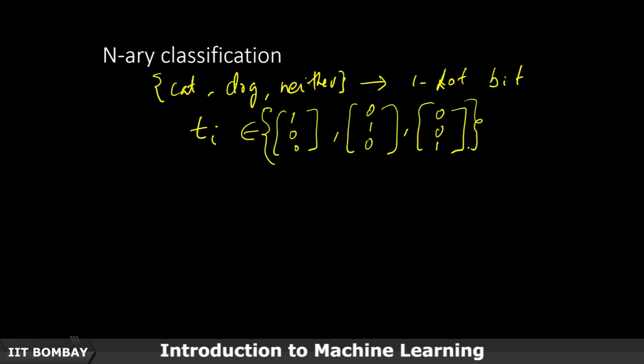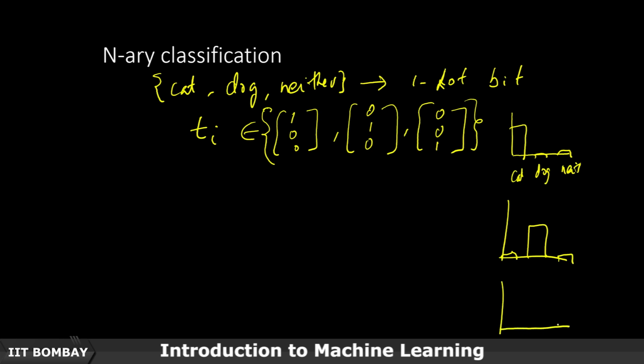This in fact encodes a target probability mass function. In that target probability mass function, we have cat, we have dog, and we have neither, and we either have cat as 1 and dog as 0 and neither as 0, or we have cat as 0 and dog as 1 and neither as 0, or we have cat as 0 and dog as 0 and neither as 1. So all these 3 have to add up to 1.